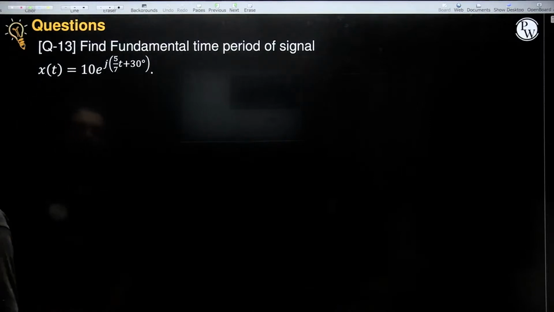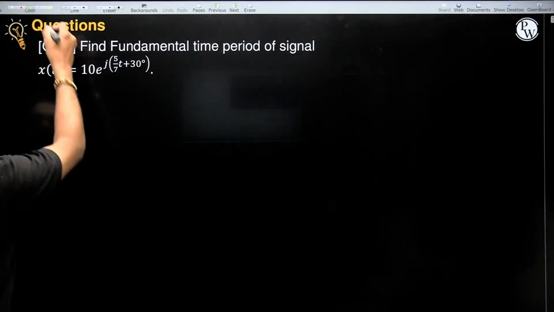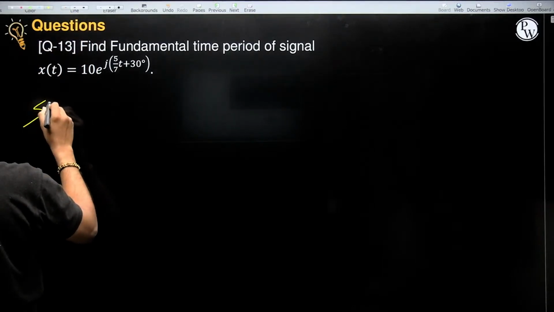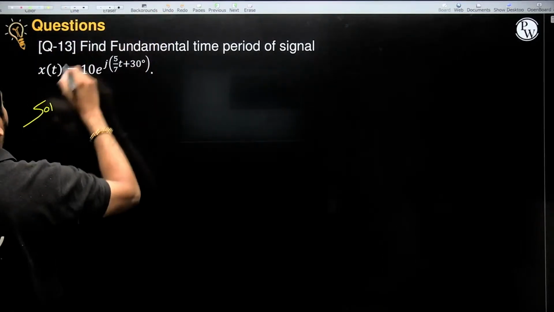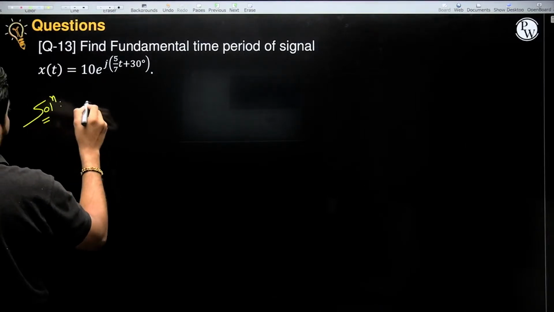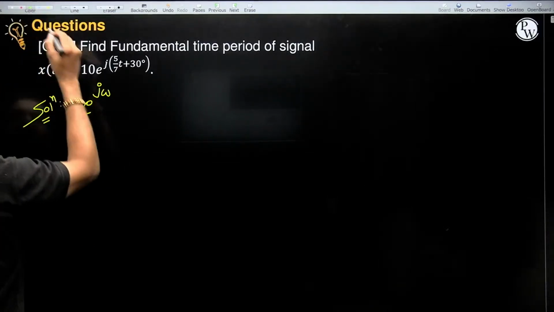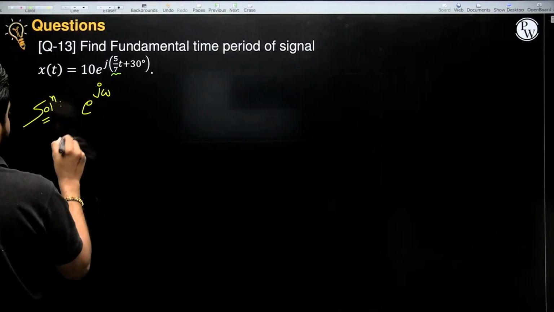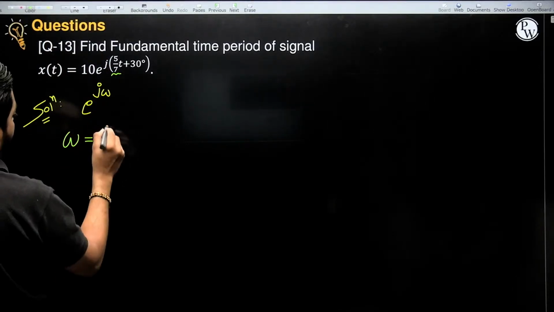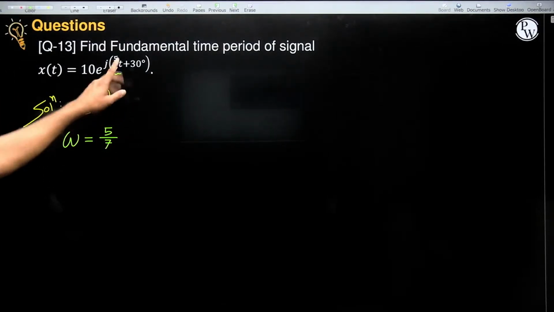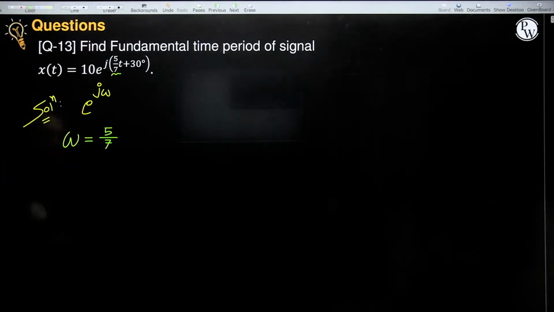Now, for the exponential complex sinusoidal function, again you simply have to compare it with the complex sinusoidal e to the power j omega t. If you compare with e to the power j omega t, then this will be your omega. Omega will be 5 by 7, in e to the power j theta, where theta is omega t plus an additional phase angle of 30 degrees.